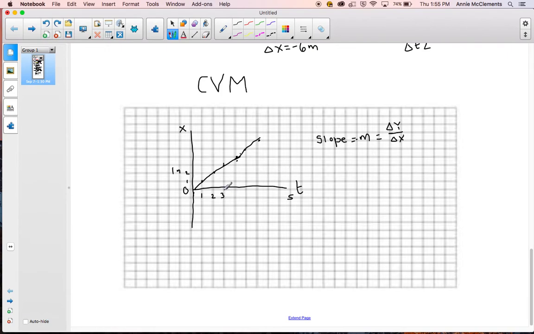So when you're first starting out, you might calculate slope by tracing between 2 points on a line. So if we do that here, maybe we go between these 2 points.